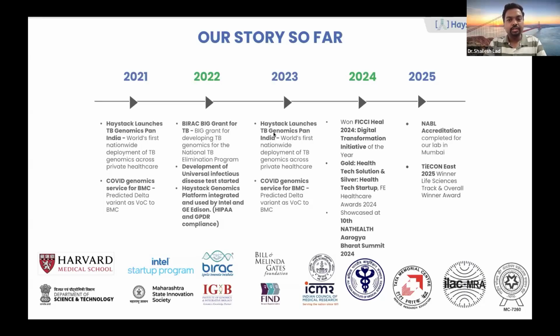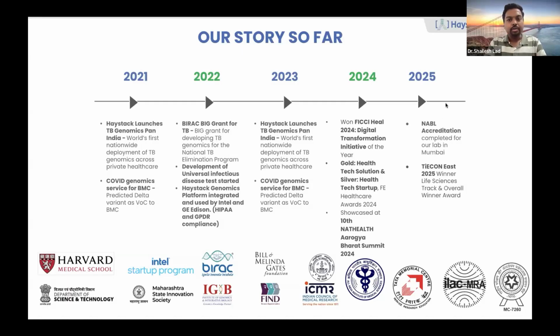Through 2022 and 2023, we were able to achieve several different milestones across both these products, Infection NGS as well as TB whole genome sequencing. In 2024, we won several awards, including some national awards by the Government of India.